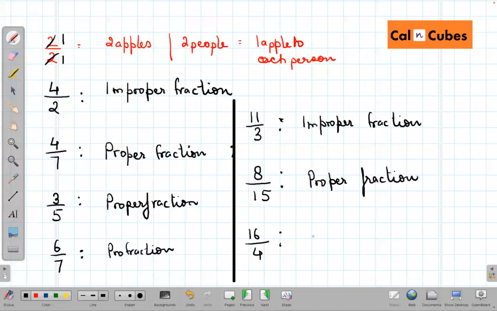And this is proper fraction. Yes, this is improper fraction. Done? Yes, ma'am.